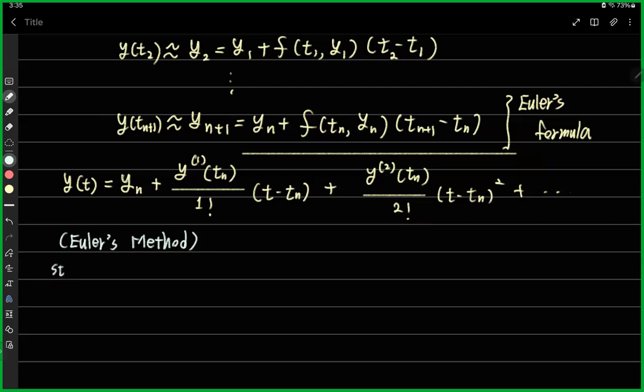Here we assume that the initial condition is given. So step 1: t0 and y0. This is the initial condition, nothing but the initial condition. Step 2: we apply Euler's formula.